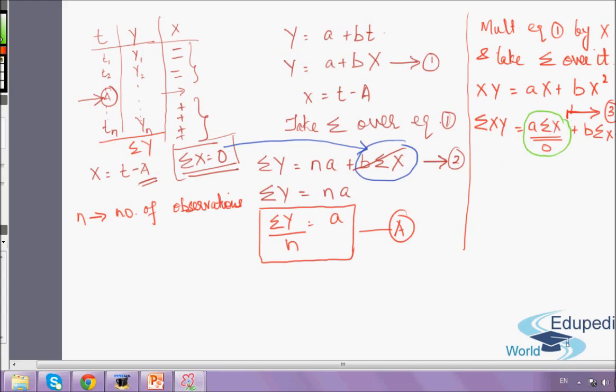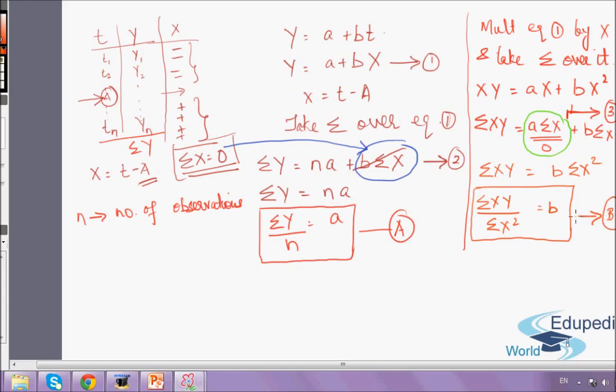We are left with the remaining equation, and once we rearrange this, we will have summation xy equals b times summation x square. From this we can find the value of b, and that would be equal to summation xy divided by summation x square. So that is the formula to find b.